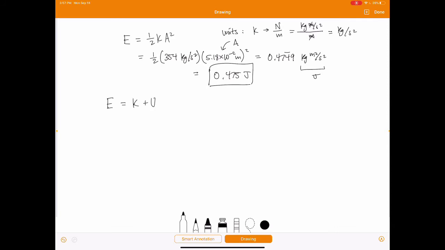So the total energy E is conserved, but K and U can be changing individually. It's just the sum total that has to be the same at all times. So basically, if we want K to be as large as possible, we want U to be as small as possible. So the potential energy should equal 0 when kinetic energy is at a maximum.